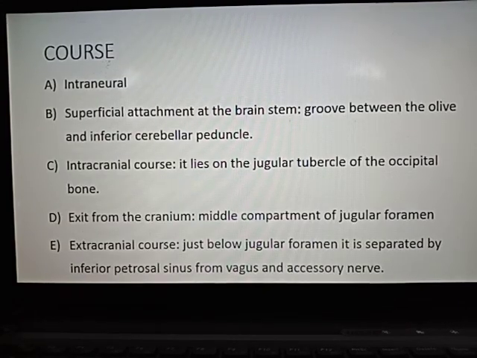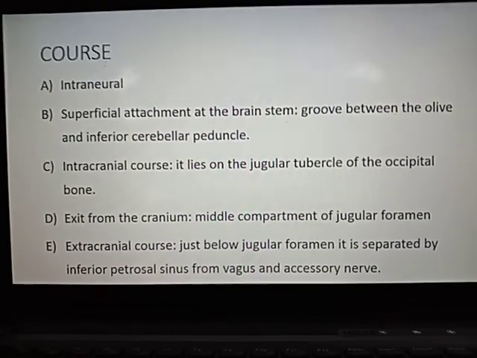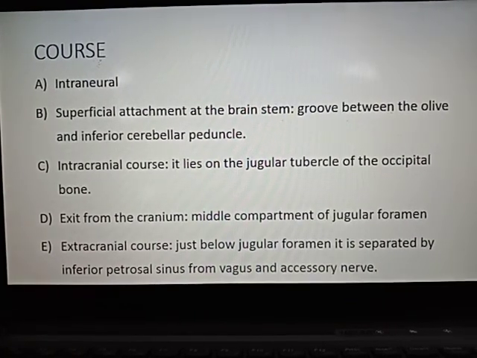Then come to the course of this glossopharyngeal nerve. The intraneural part, then the superficial attachment at the brainstem, then the intracranial course and exit from the cranium, and the extracranial course, which we will discuss under these headings.